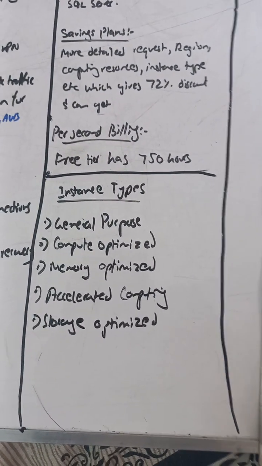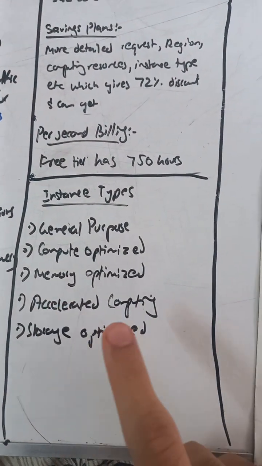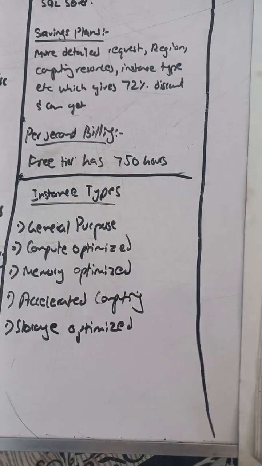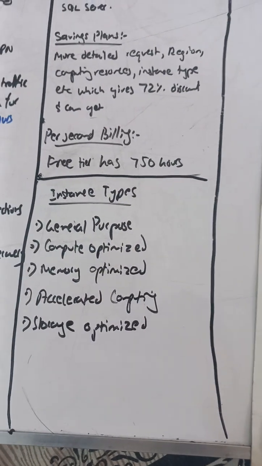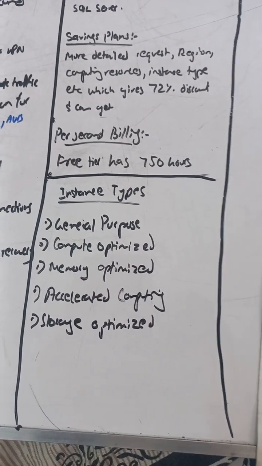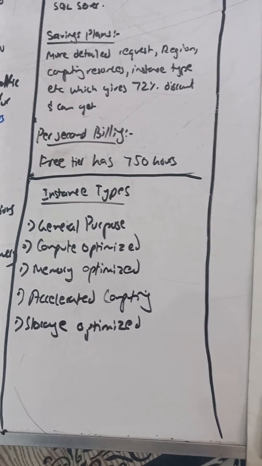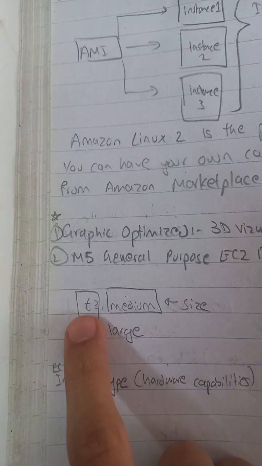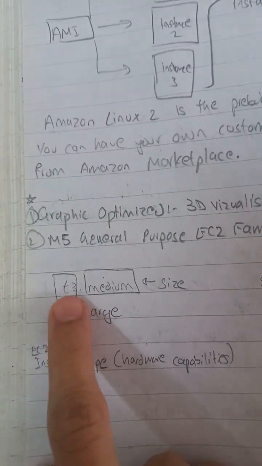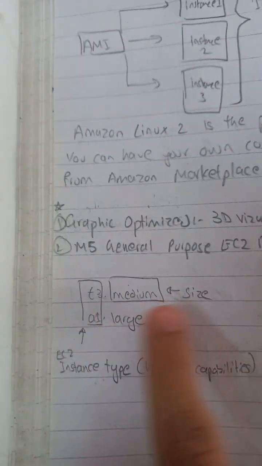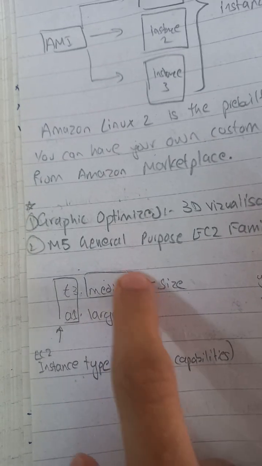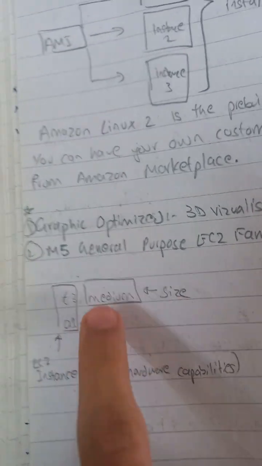Examples could be that if you want graphics optimized, that could be used for 3D visualizations and video encodings. If you want general purpose, that could be used for web servers. When you're selecting your instance type, you will be given something like t3.medium, large or small. This tells you what the size is going to be for the compute services.